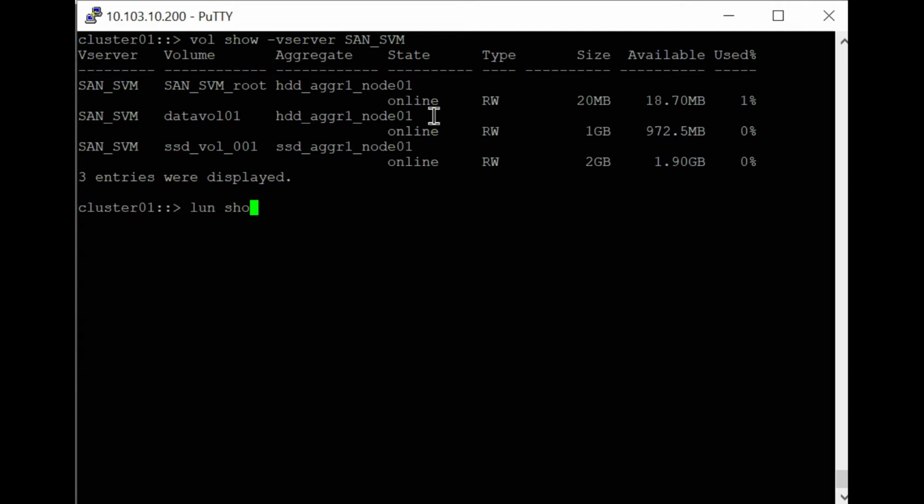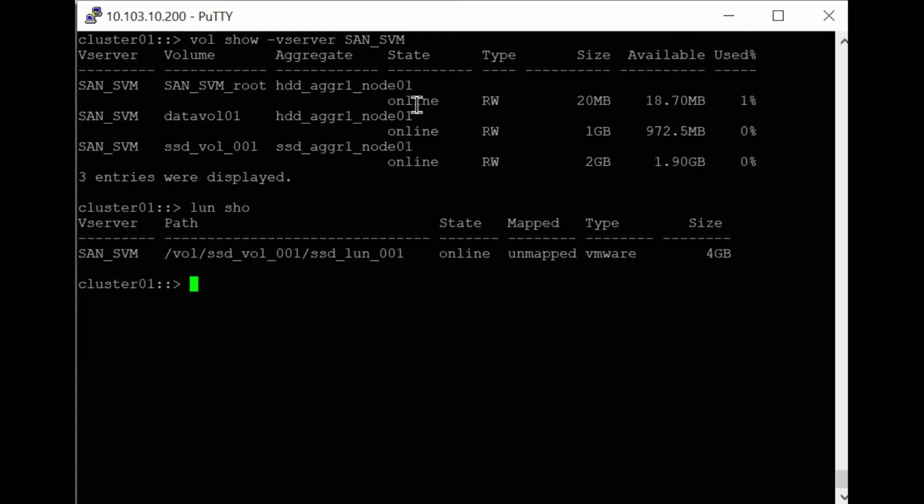Great, let's have a look at the LUNs. So lun show, these are the LUNs here. So I have one LUN on this system, which is on the SSD. I called it SSD LUN 001. The status is online. It's unmapped now. I can't map it here in my lab. The type of this LUN is for use with VMware ESXi hosts.